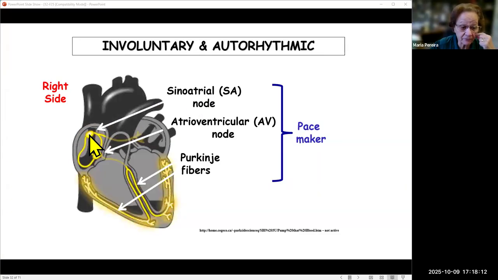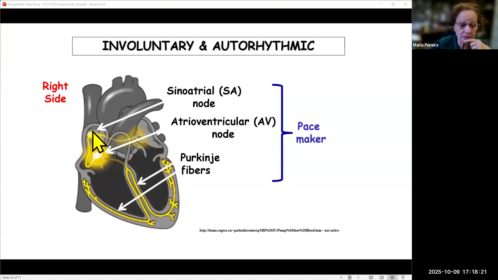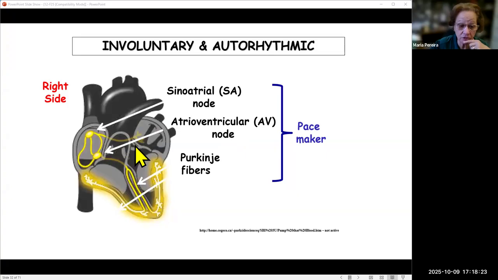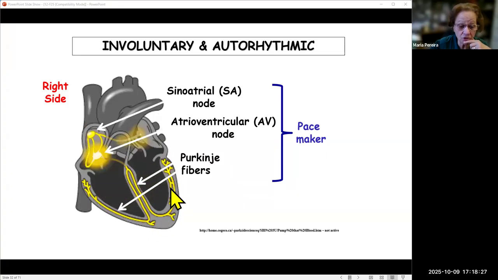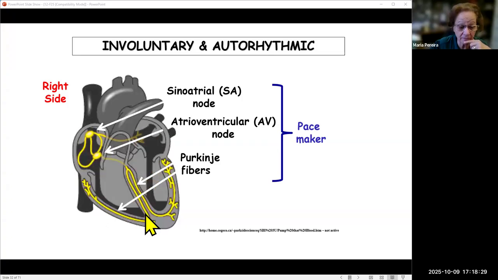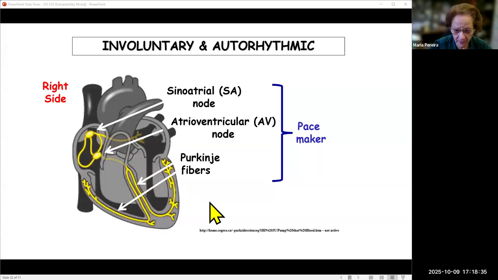These are the fibers of the heart that instantaneously generate an electrical signal that is then transmitted to the atrioventricular node and then to the Purkinje fibers. These are specialized fibers of the heart that will activate all the other cardiomyocytes.